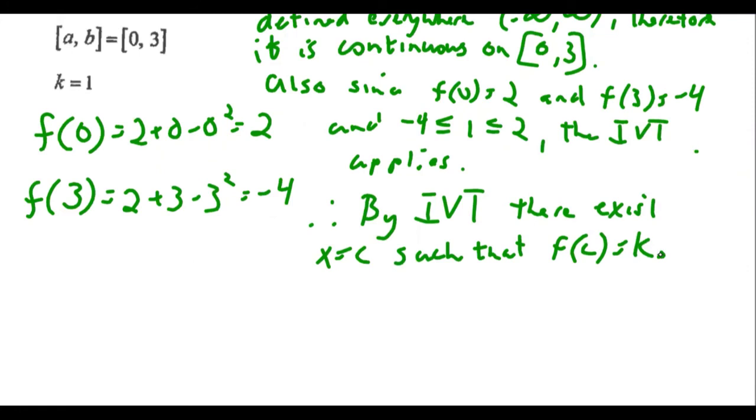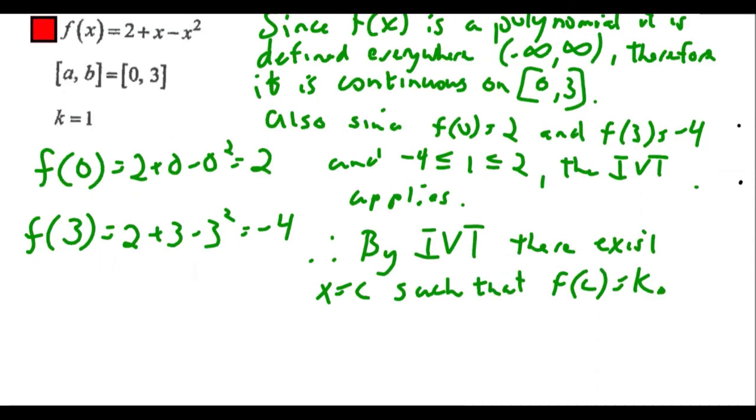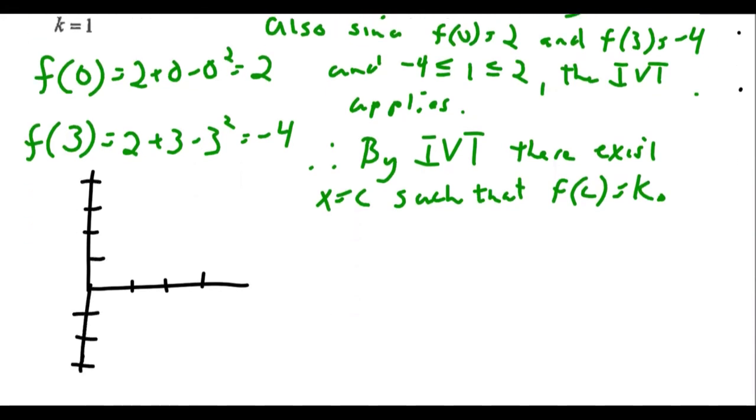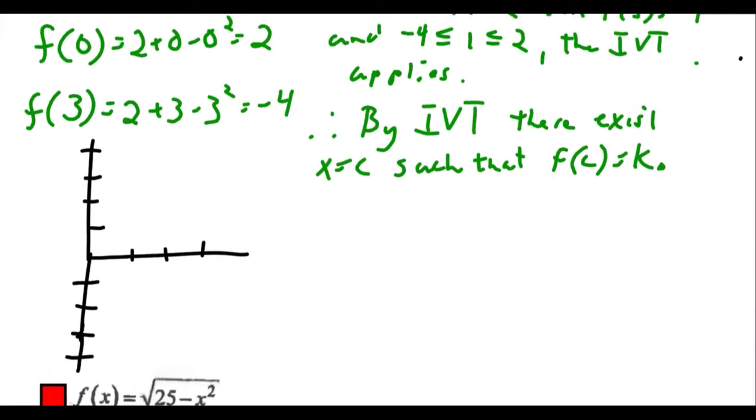So first, let's sketch the graph of our polynomial from 0 to 3. Right, so I'm only going from 0 to 3. I know f of 0 is 2. We know f of 3 is negative 4.